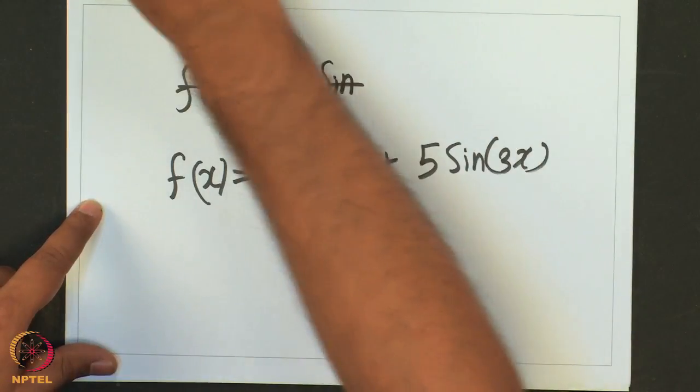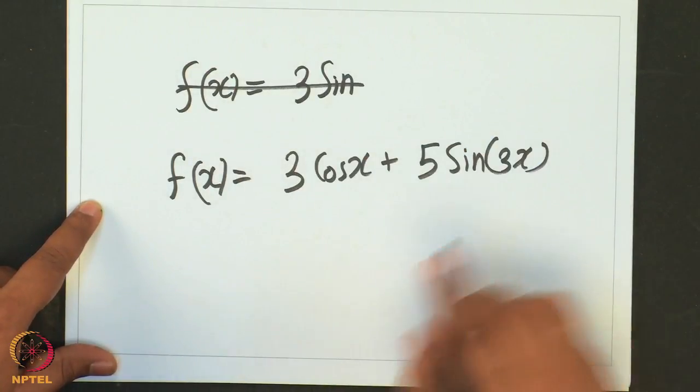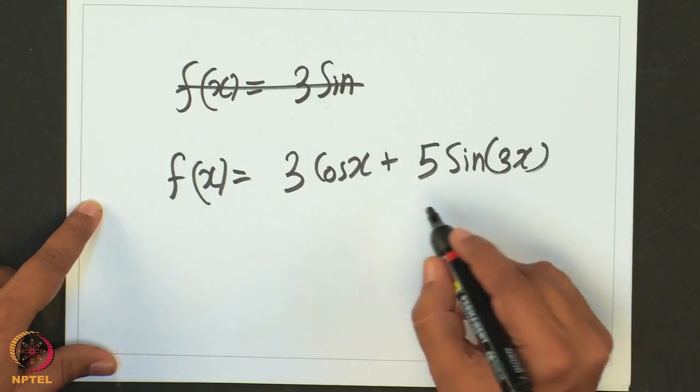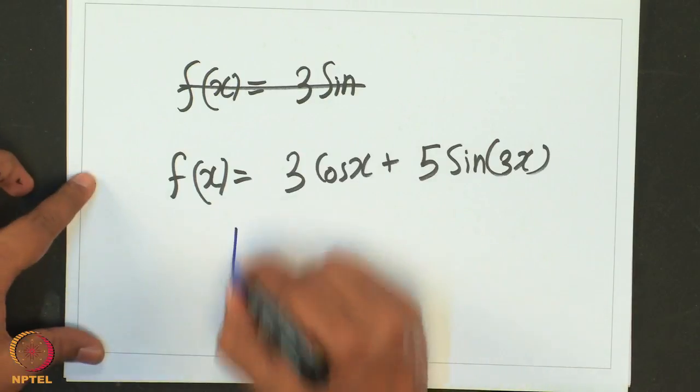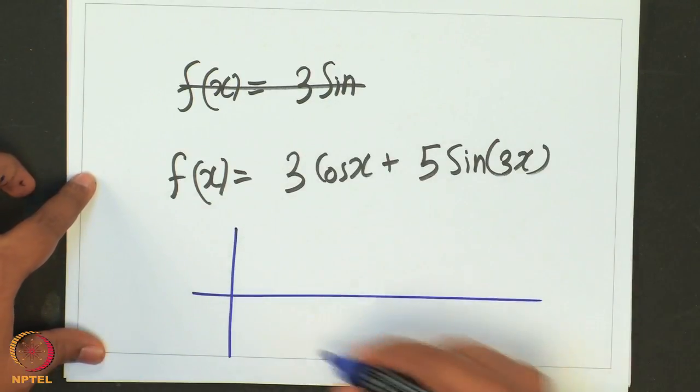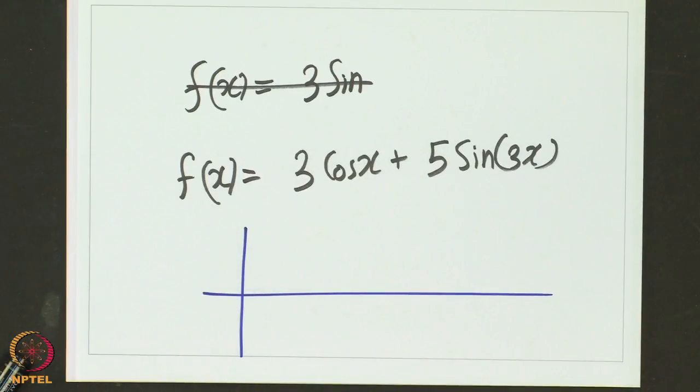This is the equation that we wrote, and if I have this as data and plot it, it would look like some oscillating curve in space.